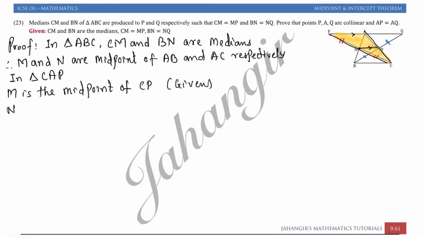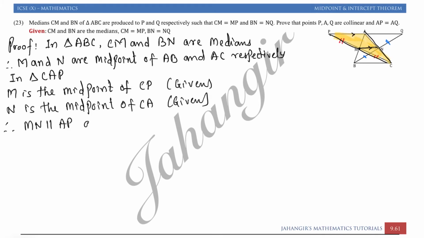Second, N is the midpoint of CA, that is also given. So therefore you can say MN is parallel to AP and MN is equal to half AP. That is done. Now let's keep this as first result and reason will be by midpoint theorem.